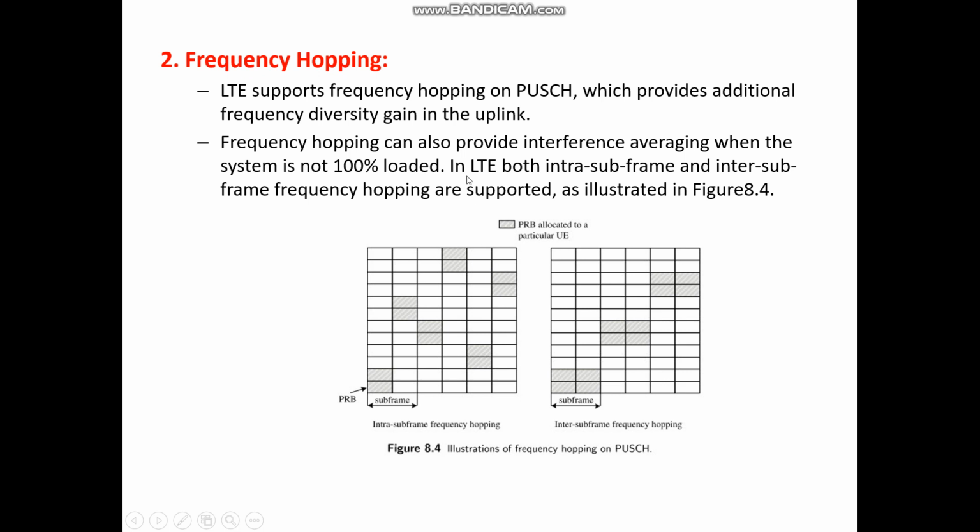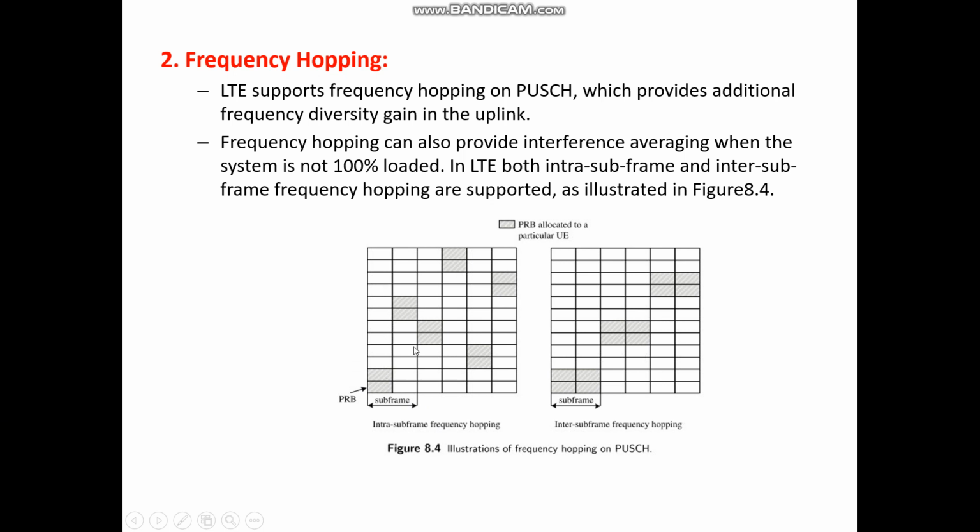The next topic in this is frequency hopping. LTE supports frequency hopping on physical uplink shared channel, which provides additional frequency diversity in the uplink. As you know, frequency hopping means in a transmitted signal, we are not going to use a single frequency, we are going to use multiple frequencies, and these multiple frequencies will be changing continuously with the time.